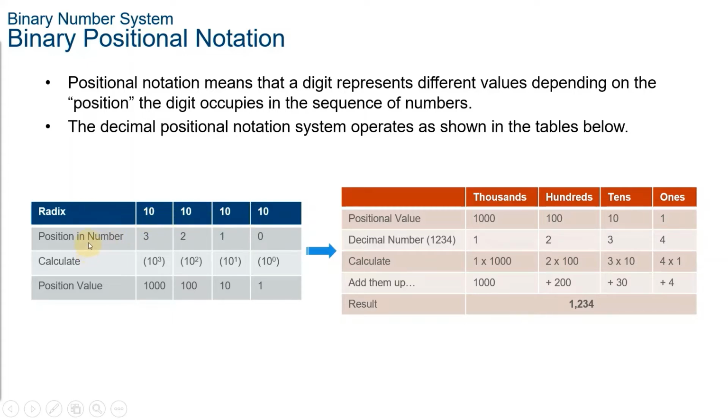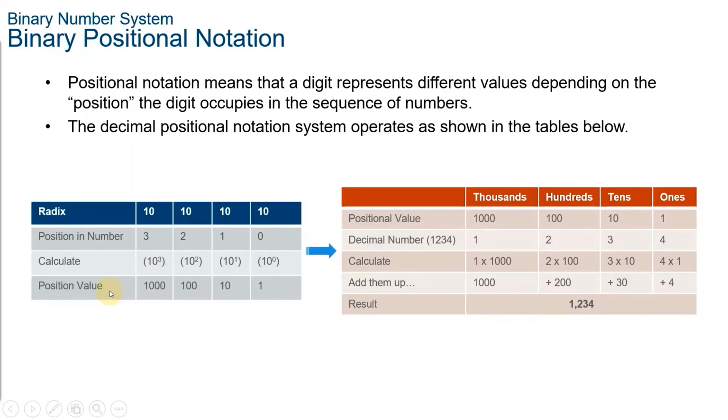Row 2, position in number, considers the position of the digit starting from right to left. So that would be 0, 1, 2, and 3 for each position. These numbers also represent the exponent used to calculate the positional value in the next row.